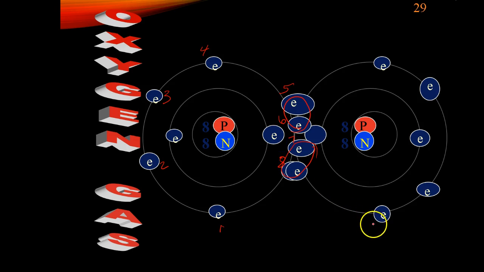For this one, 1, 2, 3, 4, 5, 6, 7, 8. So each one of these now has 8 electrons in its outer shell.